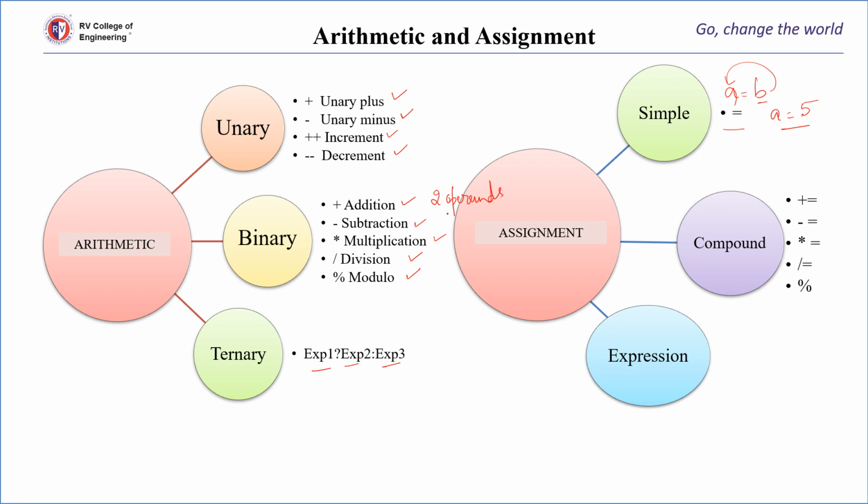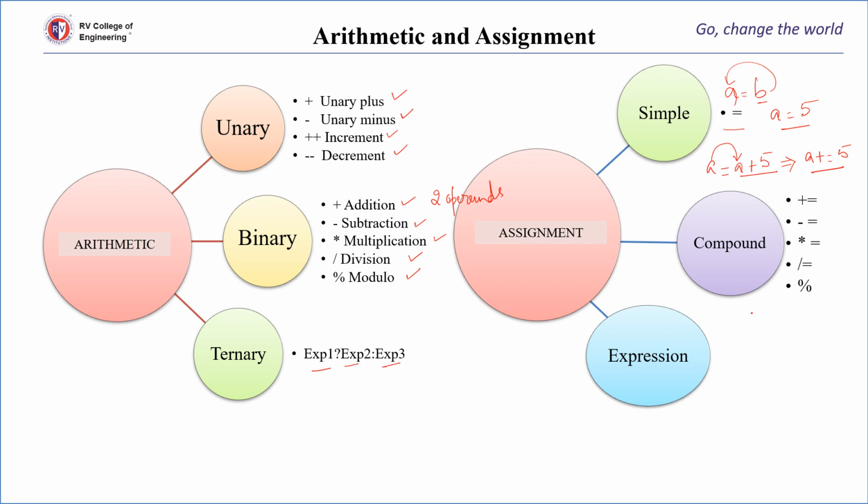Compound assignment: if I have an expression like a is equal to a plus 5, that is, in my RHS, if the left hand side operand is getting repeated, I can have a compound assignment as a plus equal to 5.